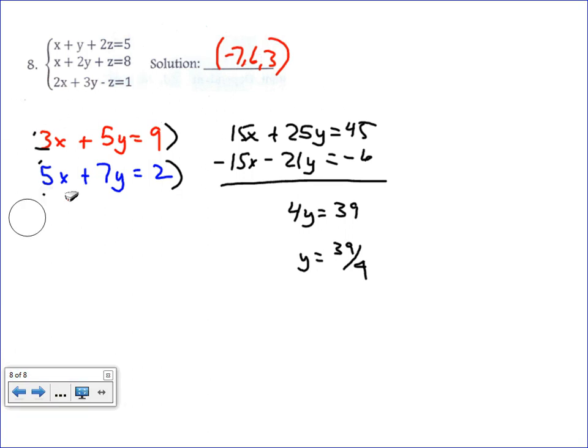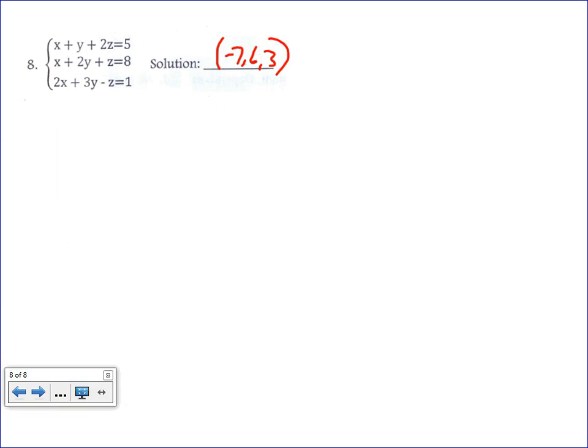It seems like every problem I'm working here, I'm making a mistake on something, so I probably need to slow down. Again, what I did was I added the first equation and the second equation and the third equation. So x plus 2x is 3x, 2y plus 3y is 5y, and then 8 plus 1 gives me 9. Okay.